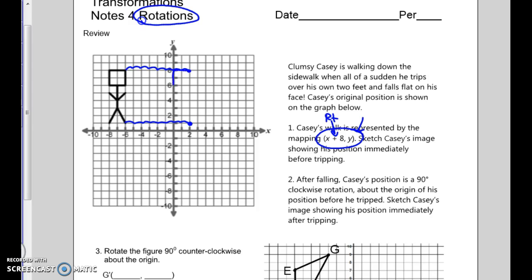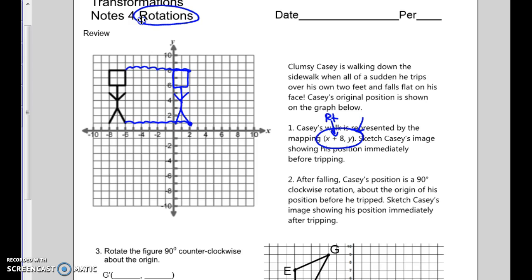And really, once you get a couple of points in, then you can just replicate him. And then it tells you that he's going to fall flat on his face.